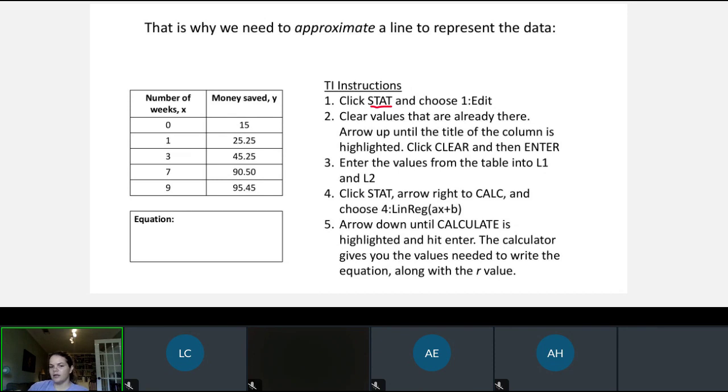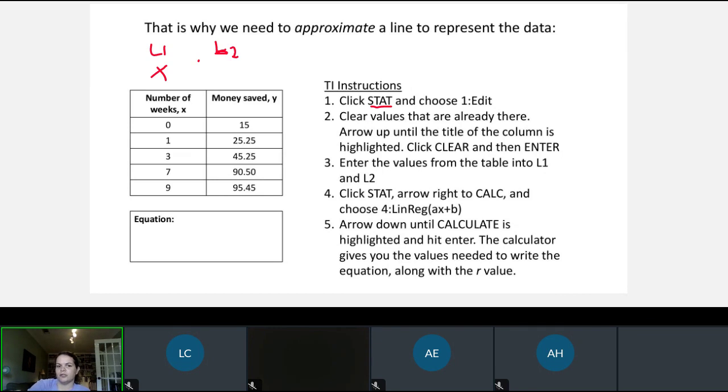Go to L1, hit Clear, and then hit Enter, and it will clear all of those out for you. So now go into your L1 column. And the column over here, the Y's, will be L2.